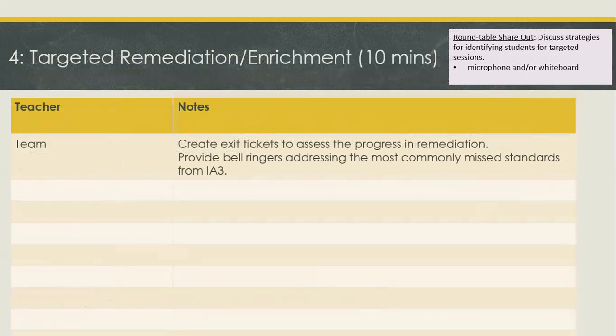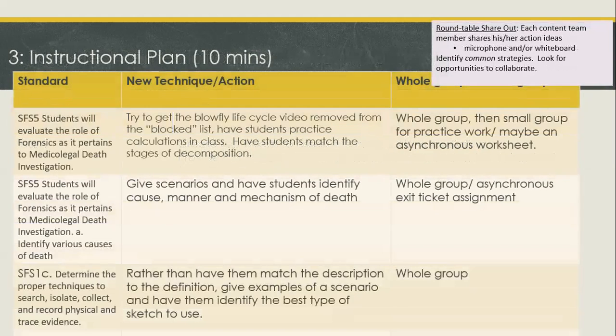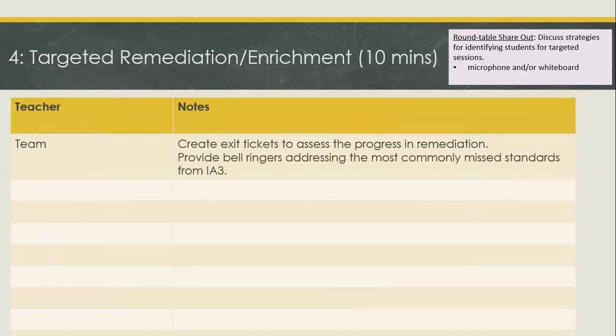So as a team, we decided to create some exit tickets to assess the progress in the remediation of these standards, or bell ringers for the ones we're going to address in whole group, potentially both. Probably not an exit ticket for that crime scene sketch standard, because we have already done the exit ticket, but we do need to continue to go over that with bell ringers in class.